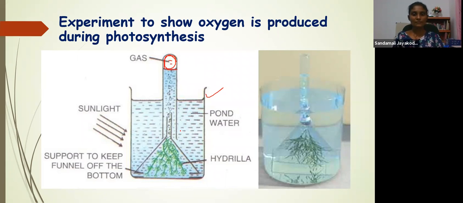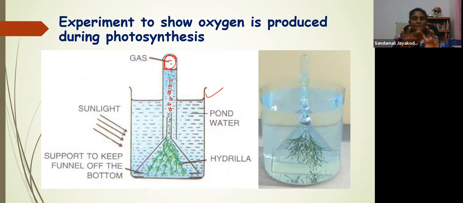So this is the setup, and we prepare it and put it under sunlight. After some time, we can see that small air bubbles are releasing from the neck of the funnel, and then they are going to be collected at the end of the boiling tube or test tube.